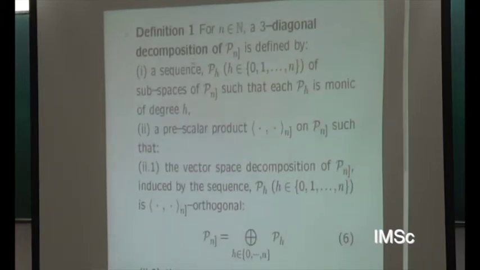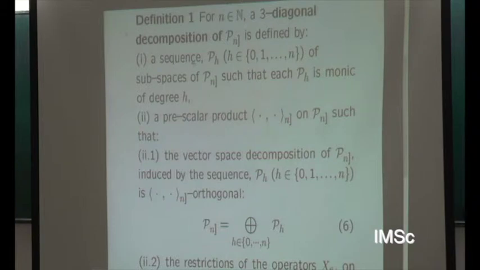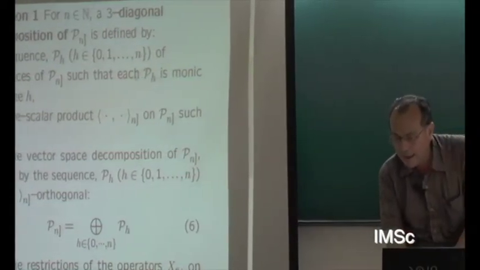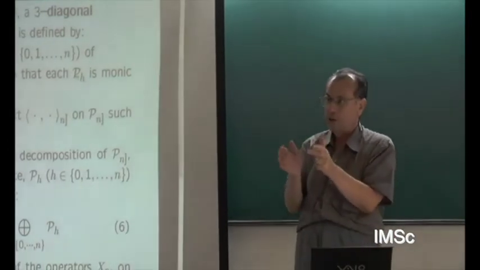Okay, so here is the notion that I have recalled on the blackboard, but it is good to keep it in mind: the diagonal decomposition. So I have a sequence of subspaces P_n. Each of them is monic. Remember, monic means real basis, first of all. Second, there exists a linear basis of each P_h, which is a very special structure.